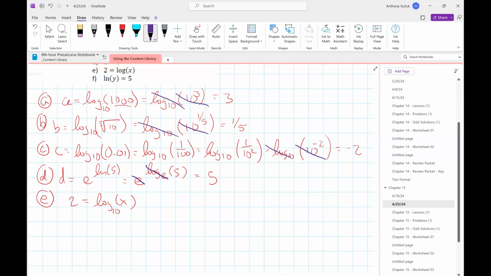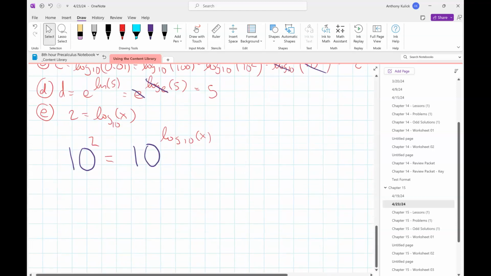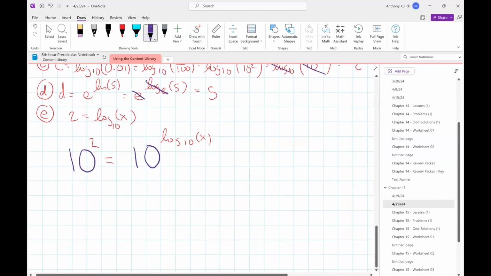Not factoring. I need to use the exponent base of 10. So that means I'm going to have 10 to the second on the left-hand side and 10 to the log base 10 of x on the right-hand side. Exponent base 10 cancels with log base 10. So I end up with x equals 100.